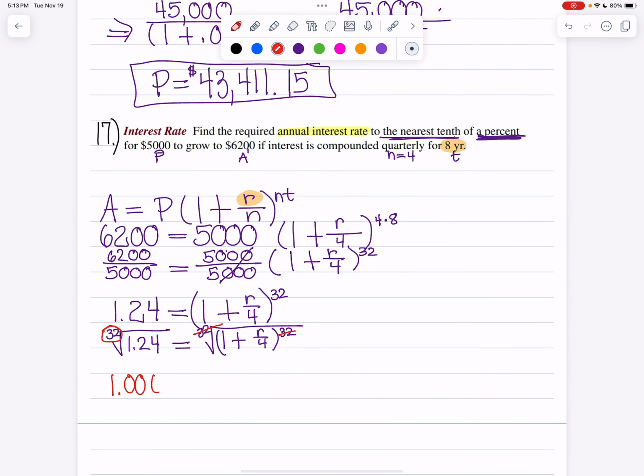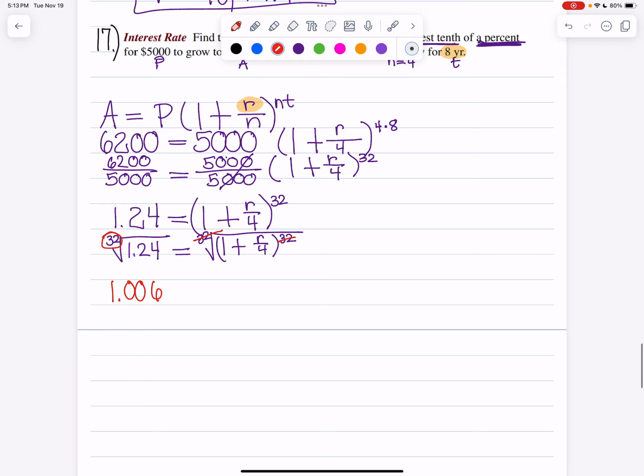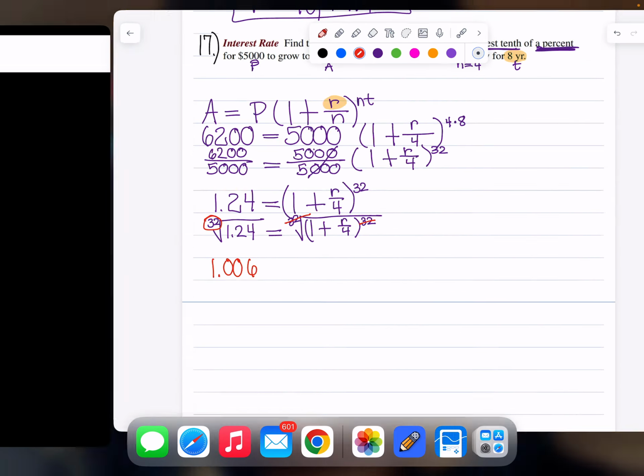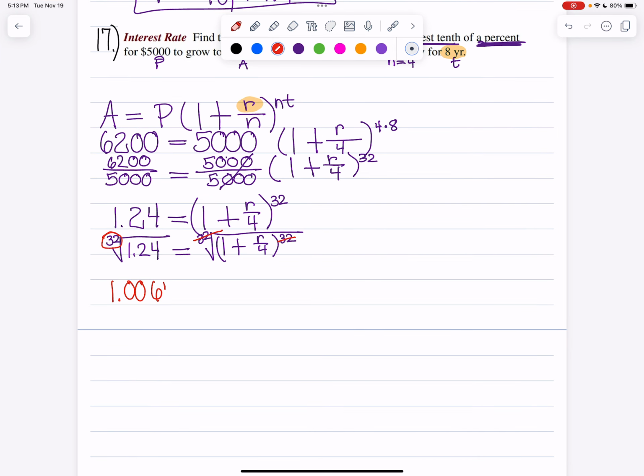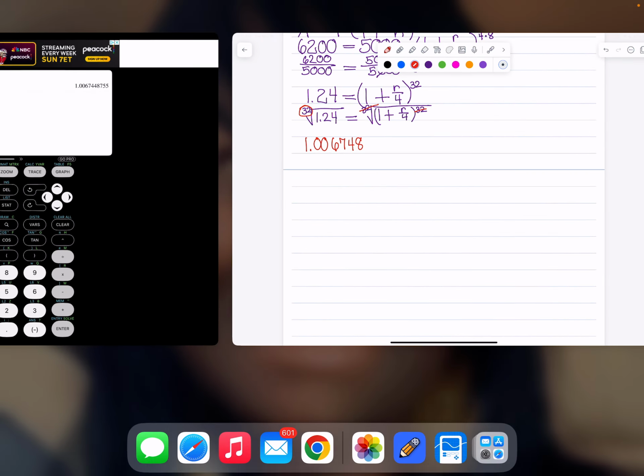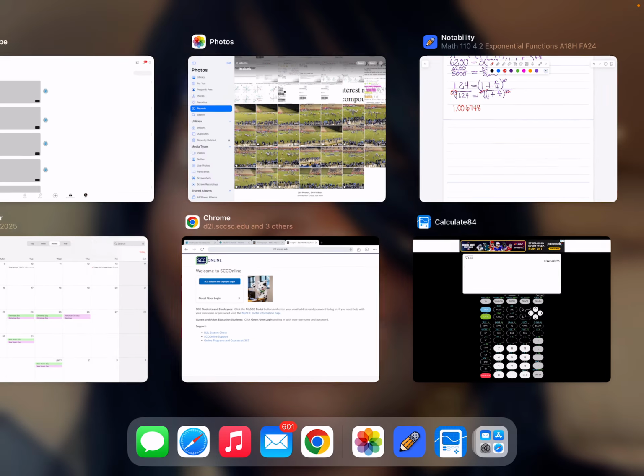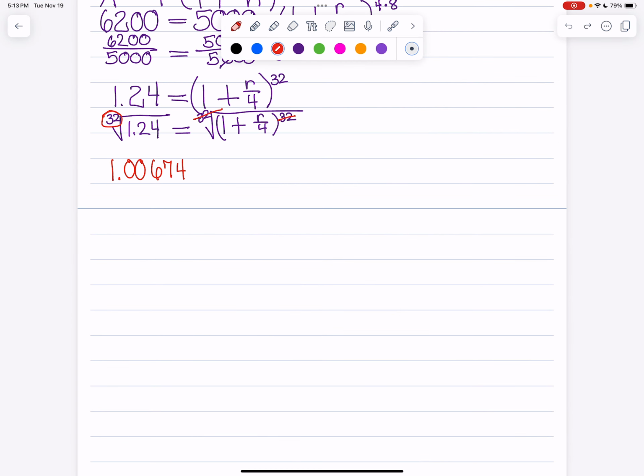Let me make sure I'm correct, y'all: 4, 4, 8. This is a lot of numbers. I'll keep it right there. And then I'm going to write what's left underneath, which is 1 plus r over 4. Y'all with me?